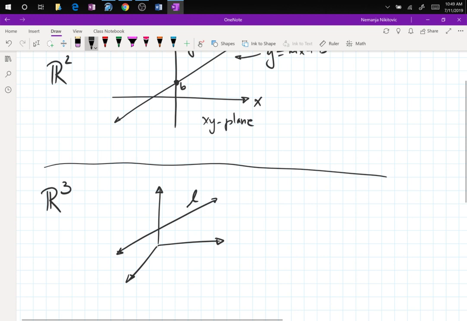The line is, again, something that has just length, so it's technically a one-dimensional object, but because you can rotate that line in any way, the equation that describes this line will have to have x, y, and z, so it would be three-dimensional. So we say that this is a line in three-dimensional space, but you have to understand that a point has no dimension to it.